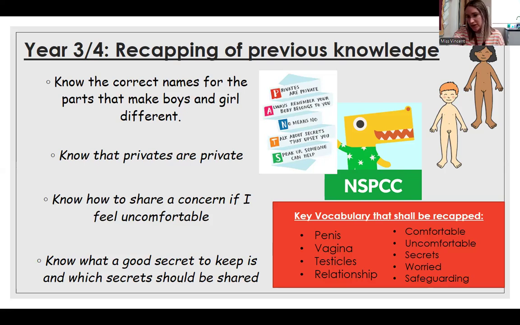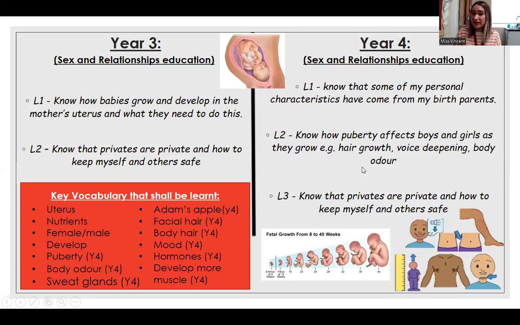And you can just see in the box at the bottom some of the key vocabulary that will be taught throughout that. So once we've recapped, because we feel that's really important as part of our curriculum, we keep going back to prior learning, making sure that they understand that. So once we've recapped what they already know in Year 1, 2, we then go on to the lessons. Now, in Year 3 and 4, it is split separately. So Year 3 learns slightly different to Year 4.